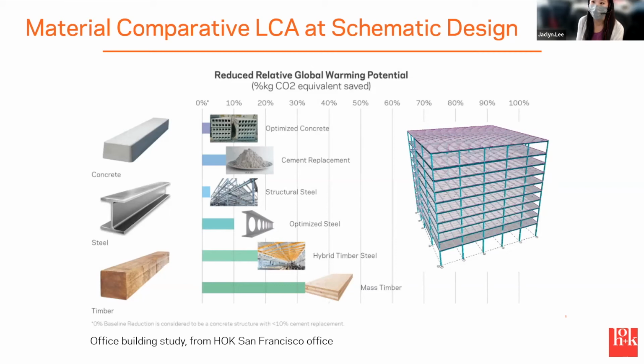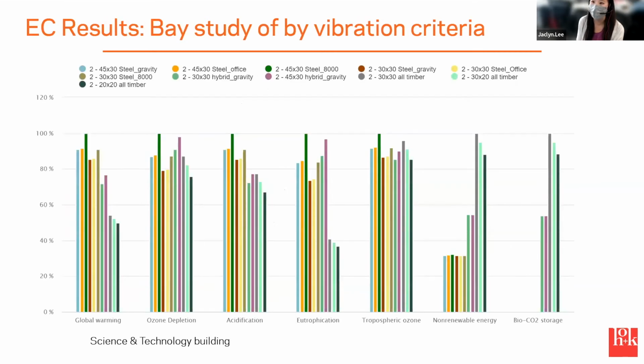Also along the lines of starting early, we looked at bay studies for vibration criteria and different sizes of bays and different materials. So this is just looking at all 6 impact categories.